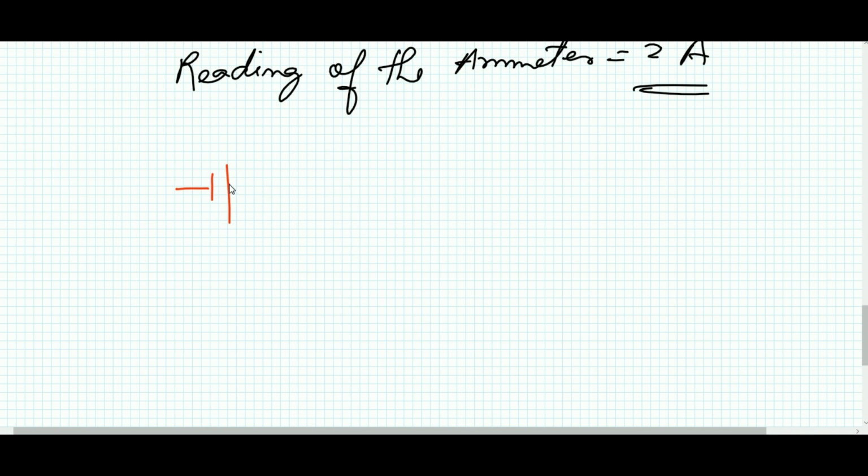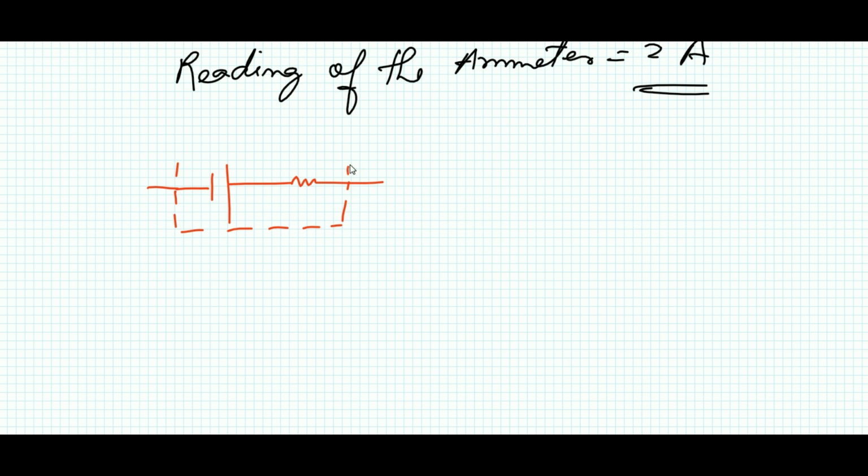If this is a battery and we draw like this, this is the complete symbol of a battery. This is 6 volt and this is Rp. We can take Rp equal to 2 ohms. This is the internal resistance of a battery, right?